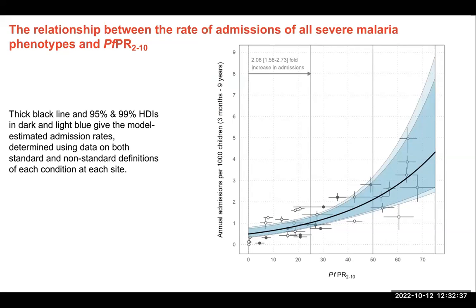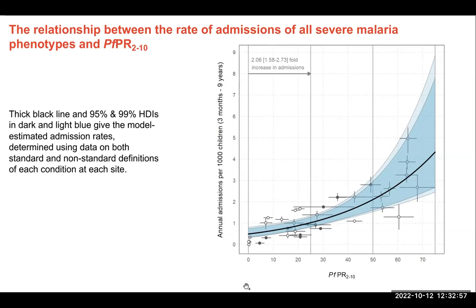So there was a definable relationship between the rate of admission for all the 3 severe malaria phenotypes and the age standardized parasite prevalence. On the y-axis, we have the rate of severe malaria, and this is among children aged 3 months to 9 years.